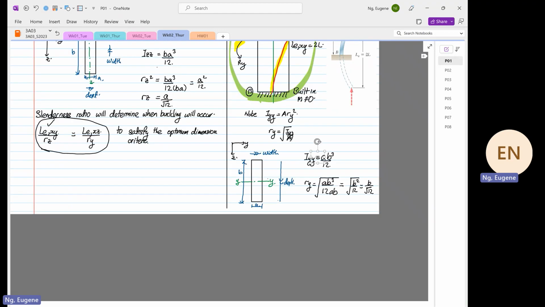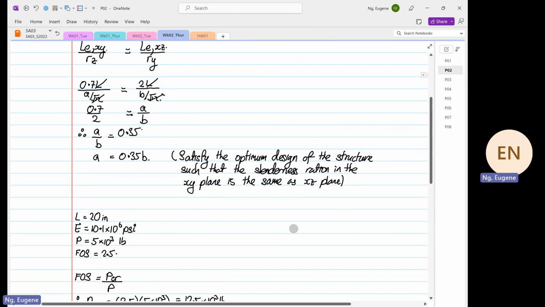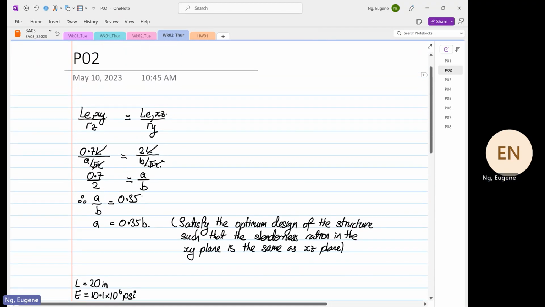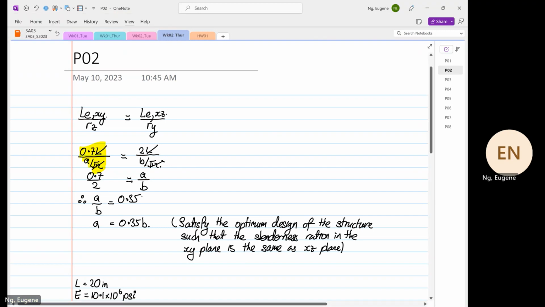If we look at our LE over r ratios, we can either use the 0.7a over square root 12, so we can either use this term over here, or we can use this term over here.